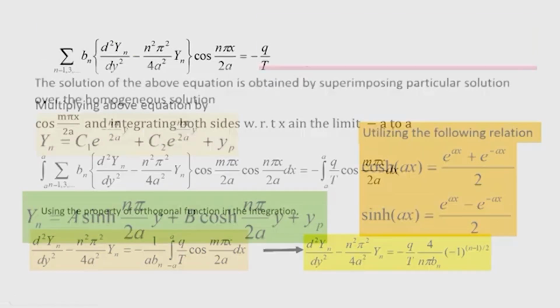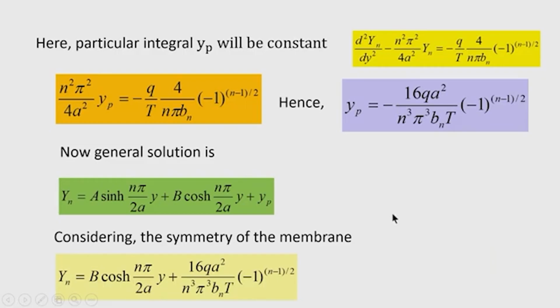Okay. So, the particular integral is obtained, and the solution is now written as the homogeneous solution plus the particular integral. So, the general solution is now expressed as a sin hyperbolic n pi by 2 a into y plus b cos hyperbolic n pi by 2 a into y plus y p.